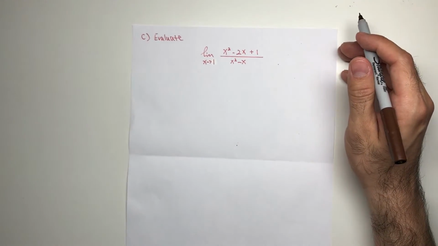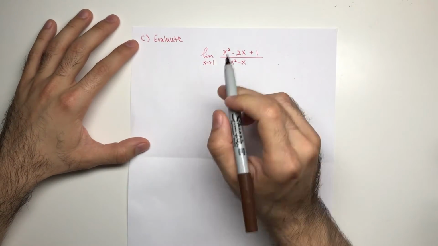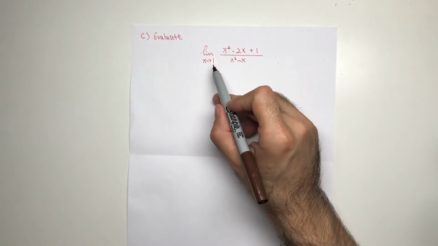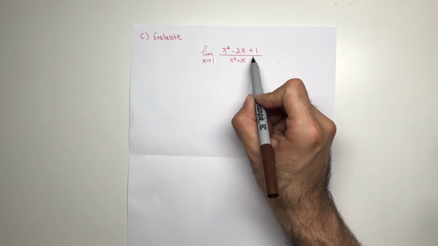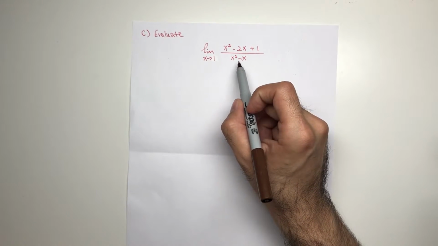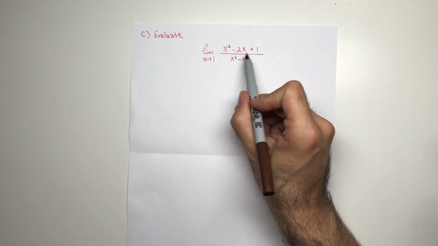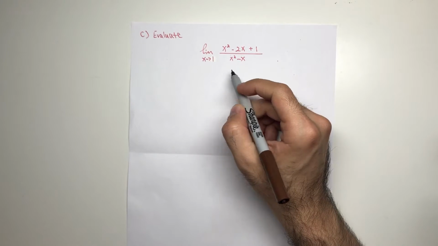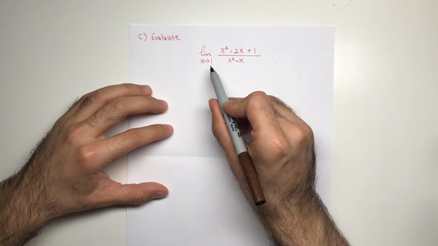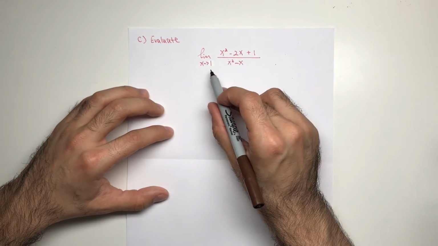Another example: we want to evaluate the limit as x approaches 1 of x squared minus 2x plus 1 over x squared minus x. This is a rational function, but we can think of it as a polynomial divided by a polynomial. As we saw before, to evaluate a limit of a polynomial you just plug in the number.